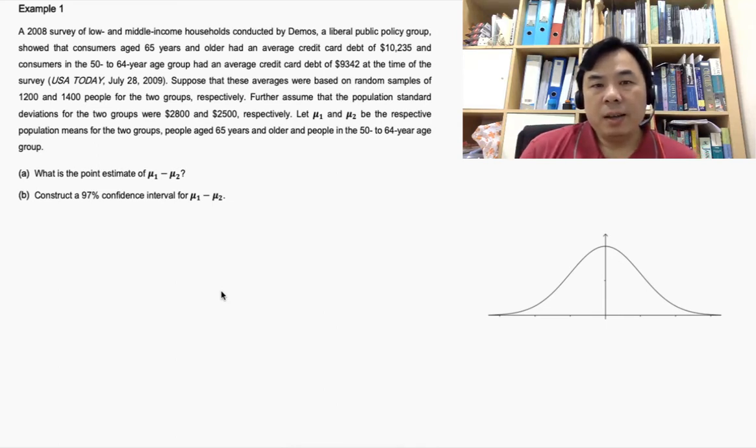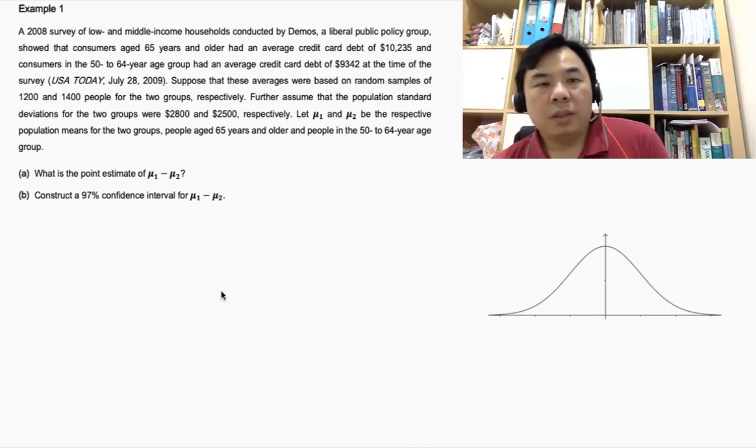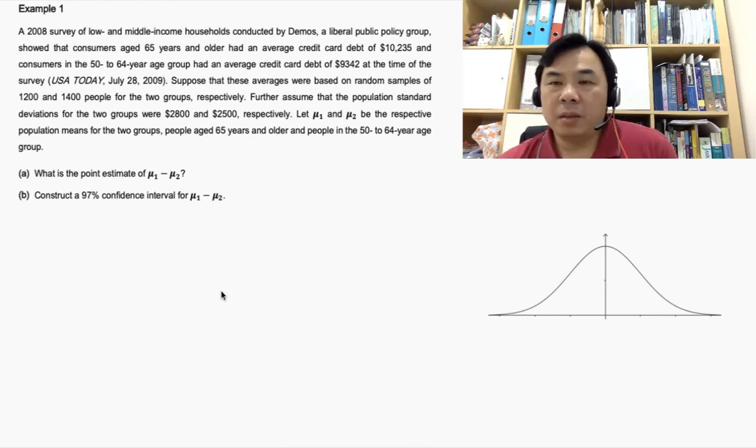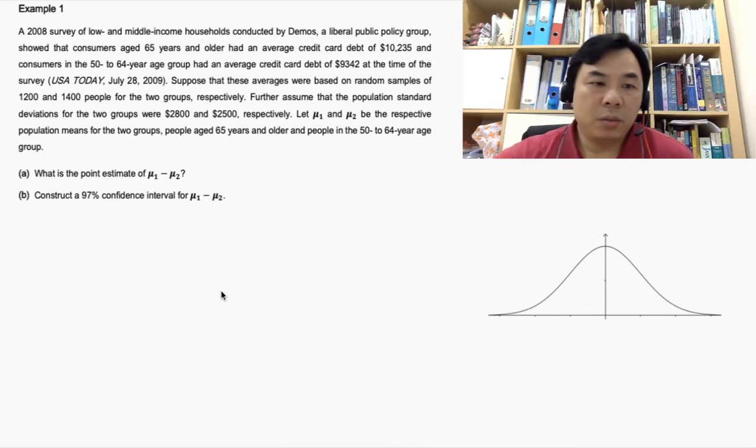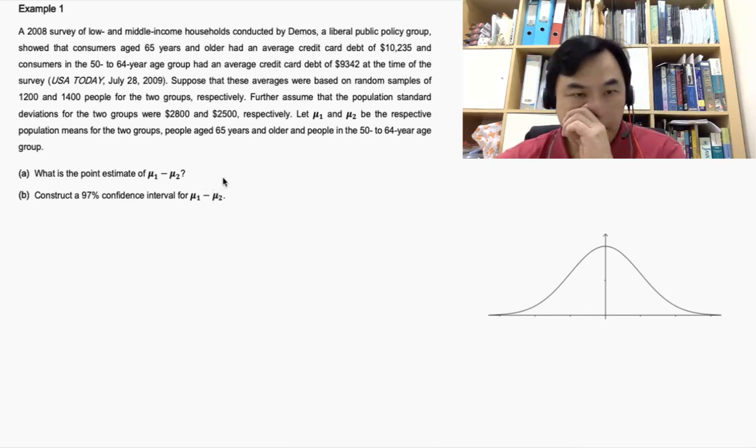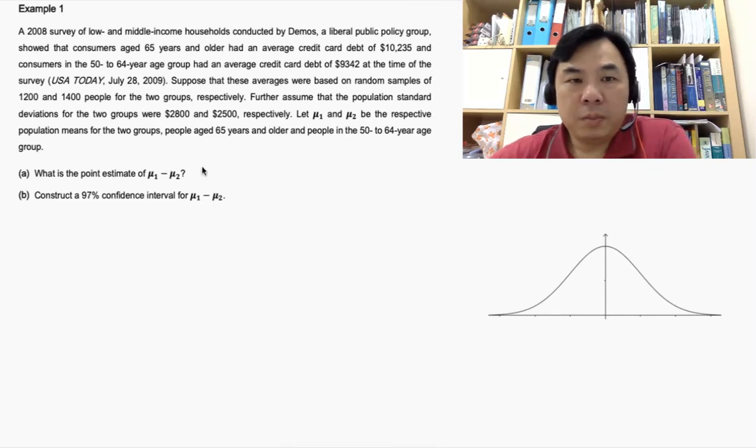Okay. The first question is, what is the point estimate of mu1 minus mu2 here? So basically, point estimate means the difference between the estimates of the population means here. So that is basically just equal to, now the estimate for the population mean is given as such.